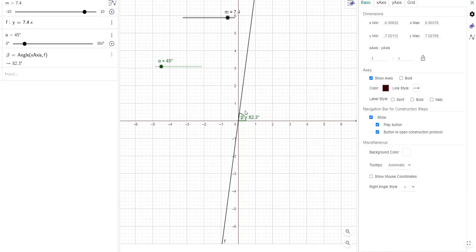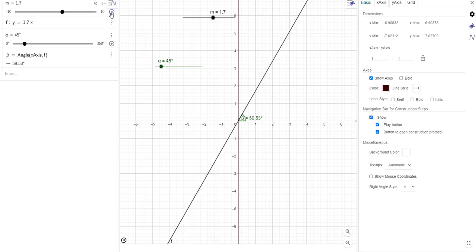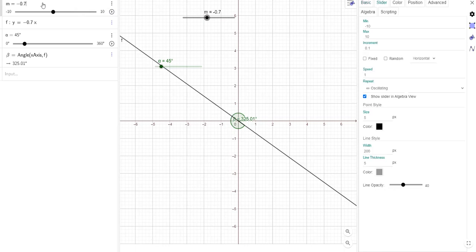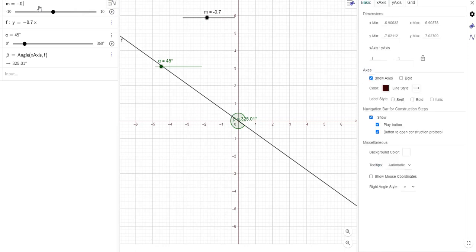If it goes to 90 degrees, this m value will go to infinity, so we are not going there, we are going up to 10. Now I will increase this. Now you see what happens. Again, it's coming back. Now when m is 0, slope is 0, theta is 0.